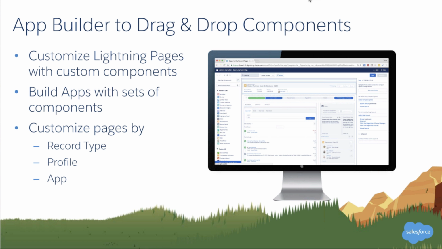And so now that you've built this custom experience component, you simply use the App Builder to drag and drop it wherever it makes sense within your application. And that can be on record pages, app pages, or the home page. Those customizations are really up to you and where you want to place this experience component.